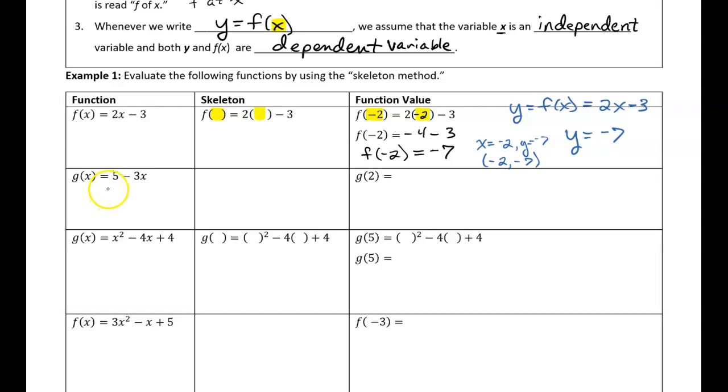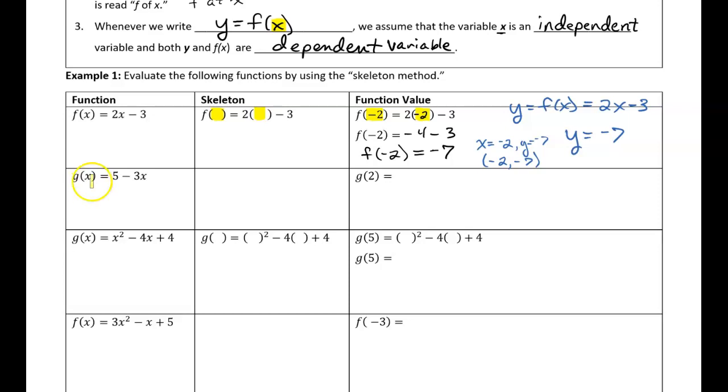We have g of x is equal to 5 minus 3x, so there's our function. We have our function name. It's a g this time, and that's fine. It's still all of this g of x part here. The stuff on the left side of my equal sign, that's still representing the y value. Let's go ahead and fill in our skeleton method. What is that skeleton going to look like?